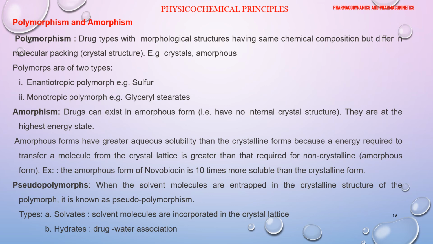They are at a high energy state and have higher aqueous solubility. Pseudopolymorphs. When solvent molecules are entrapped in the crystalline structure of a polymorph, it is known as pseudopolymorphs. Depending upon whether the solvent molecule is an organic solvent or water, they are known as solvates or hydrates.